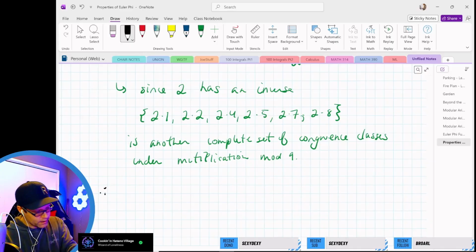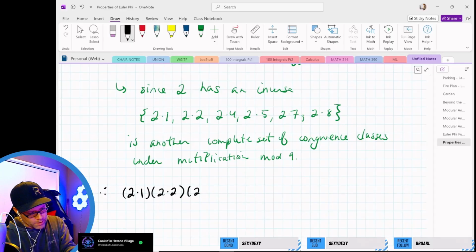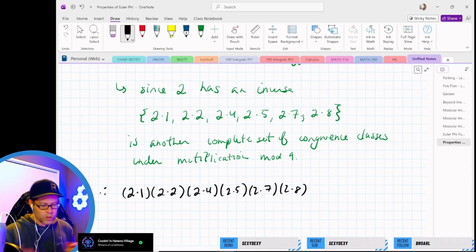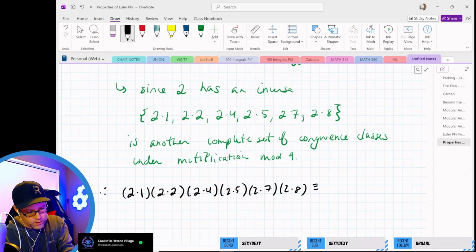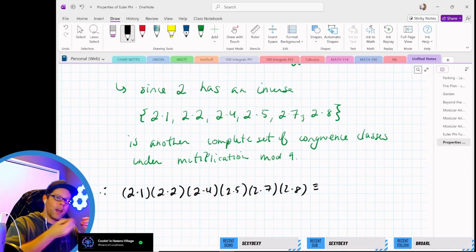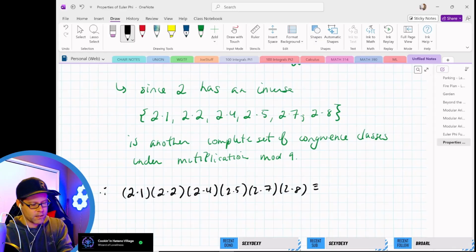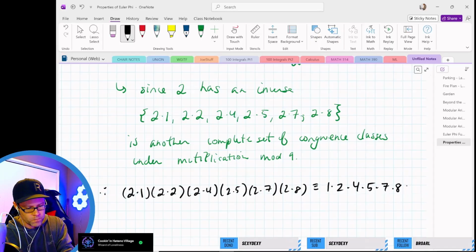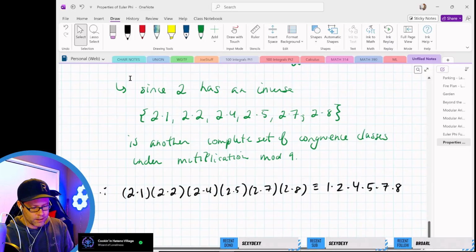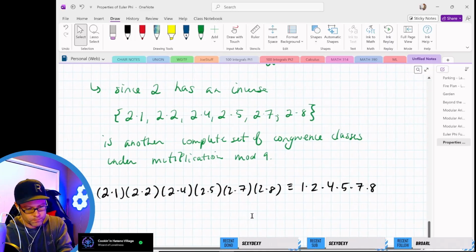If we take 2 times 1, and multiply that by 2 times 2, and multiply that by 2 times 4, etc., multiplying all of these numbers together should be congruent to multiplying the candidates of our original congruence classes together, which would be 1, 2, 4, 5, 7, and 8. This should be true in the mod 9 multiplication world.